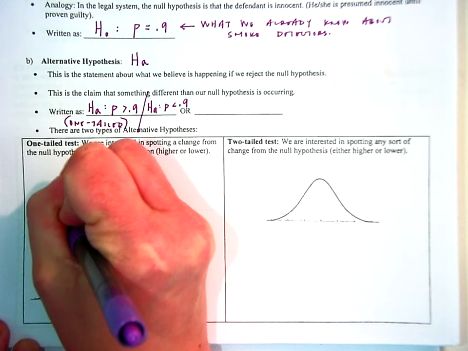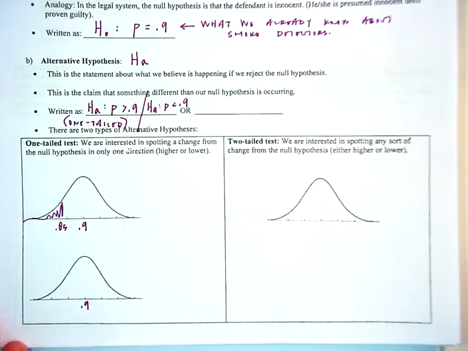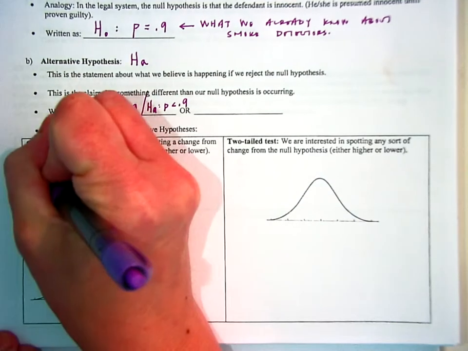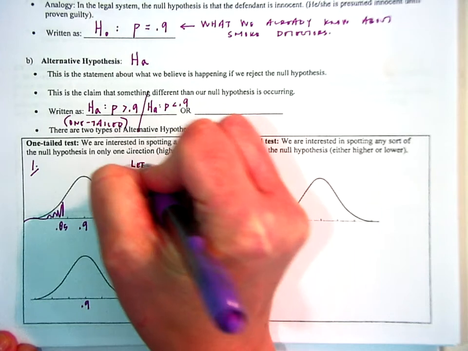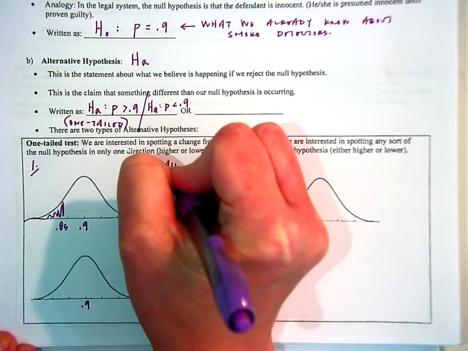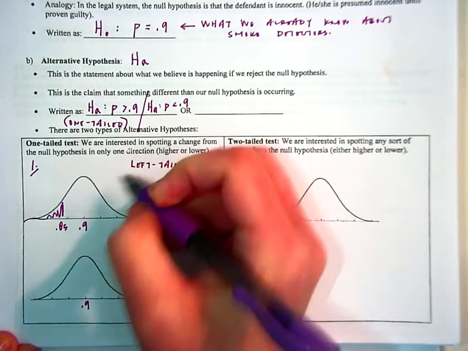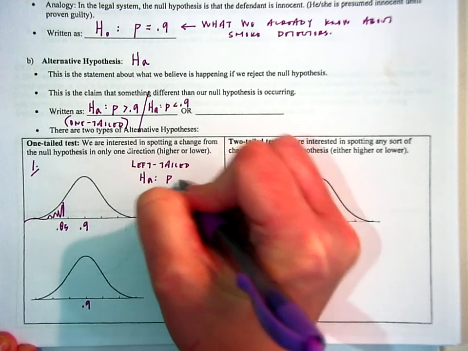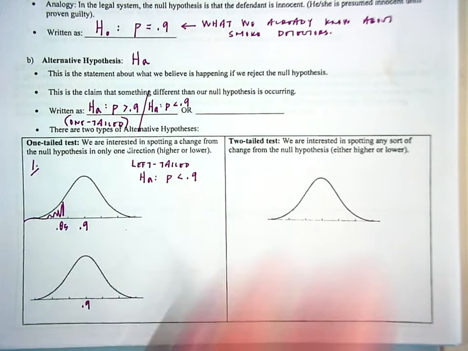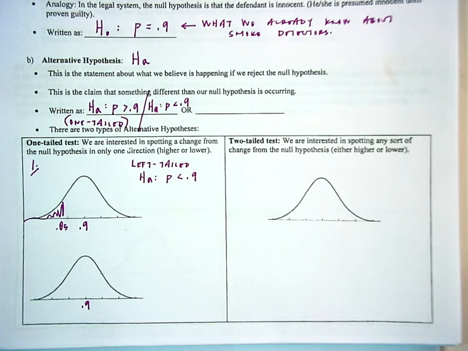This is what I'm checking for over here, that lower left-hand tail. This would be a left-tailed test, and it would be saying that the alternative hypothesis is that P is less than 0.9. We believe that the percent is lower than 90%.